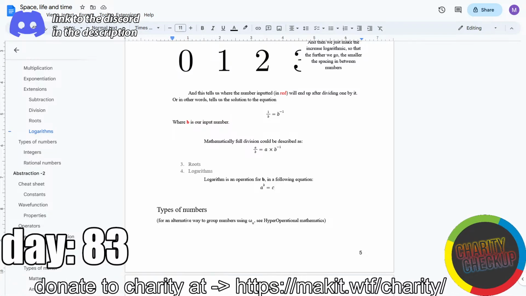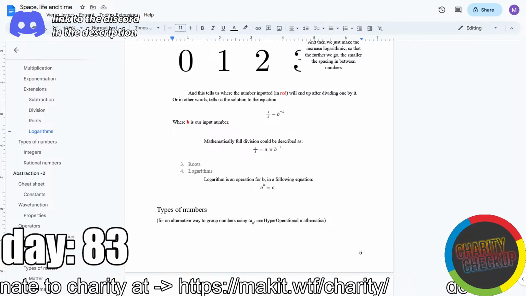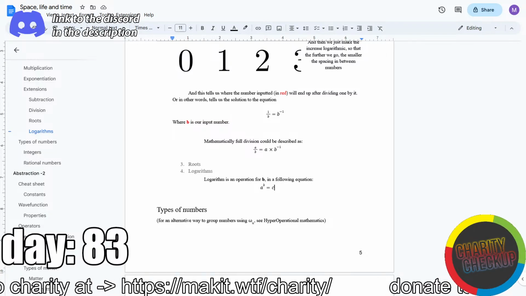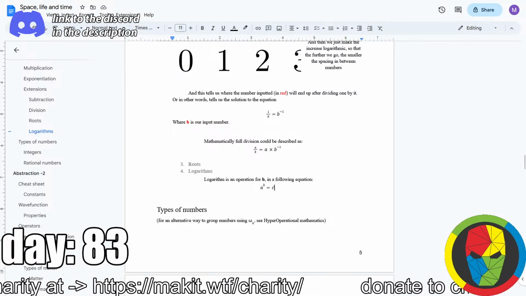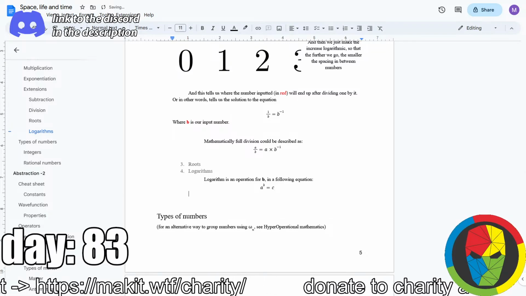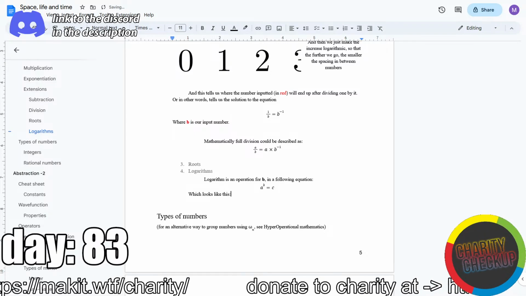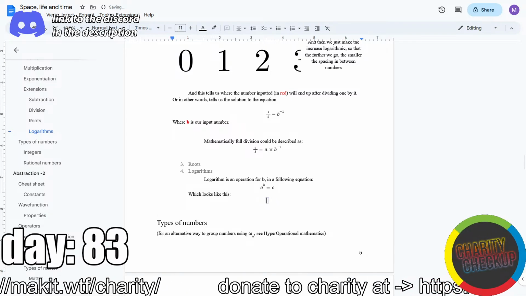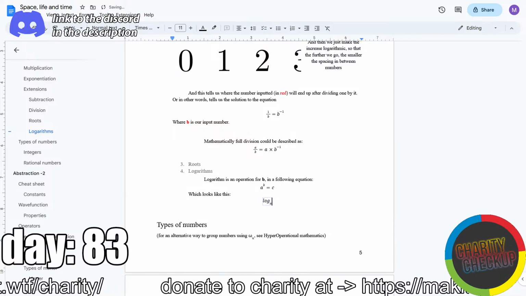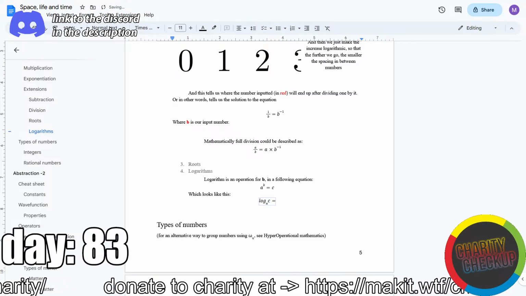Okay, well, glad to know that now. I will just add it to the hyper-operational relaxed paper, which looks like this. And over here will be just log base a of c is equal to b.